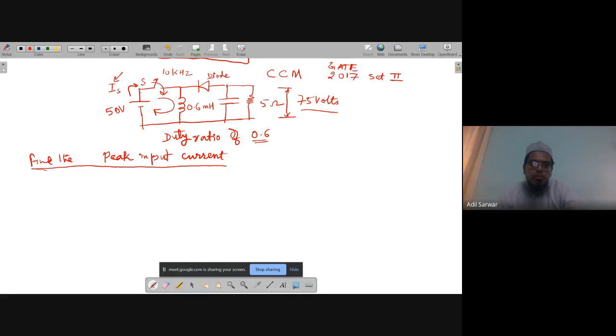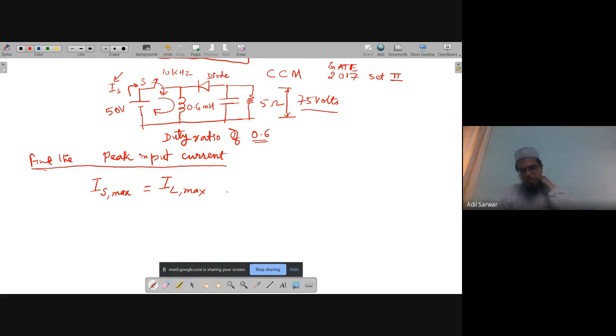So that means the current that would be flowing through the switch, and the maximum value of that current is equal to the maximum value of the current that would be flowing through the inductor during the interval 0 to dT when the switch is closed. Okay.